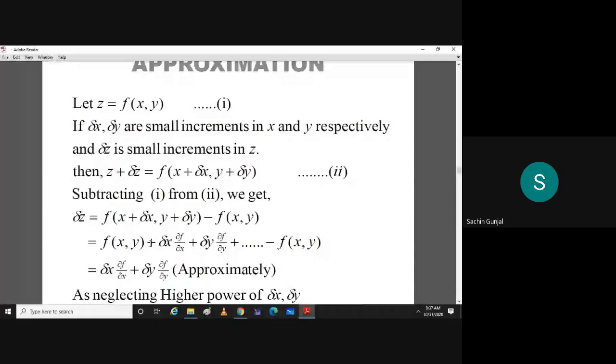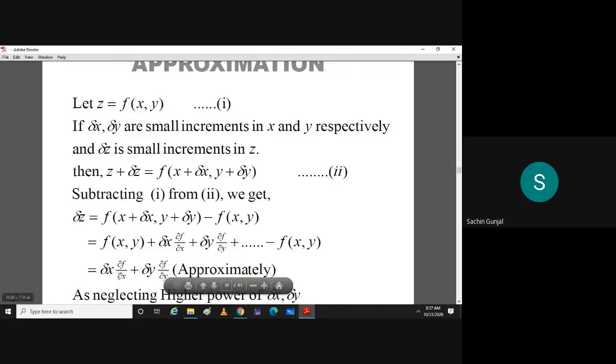Now, using Taylor's series expansion, this is f of x, y plus delta x double f by double x plus delta y double f by double y and so on, minus f of x, y. This expansion is the Taylor series expansion. If you do this calculation, f of x, y gets cancelled.